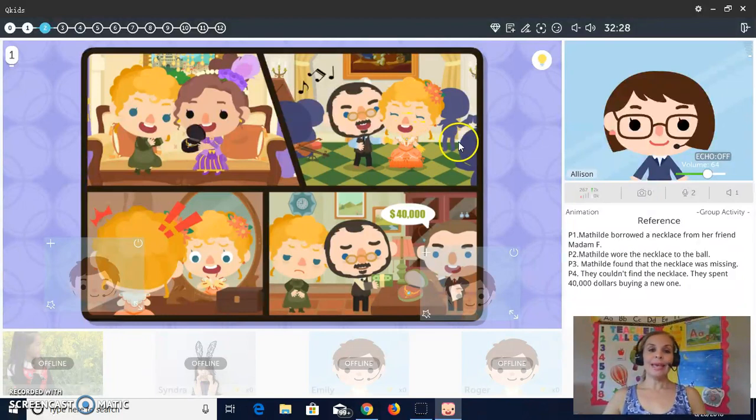Very good. And then the third one, what's happening here? Matilda found out that the necklace was missing. And then what's happening here? They couldn't find the necklace, so they spent $40,000 buying a new one. So this should all be stuff that they already knew. They're just giving me a summary or a recap.